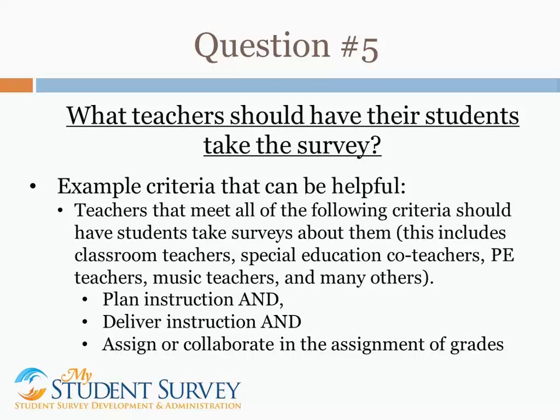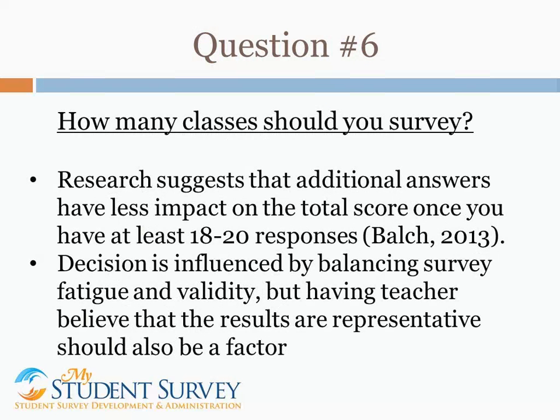The next question I want to get to is thinking about how many classes you should survey. There's a balance where you don't want students to have to take the survey over and over and over again, but you want to make sure that you have validity.